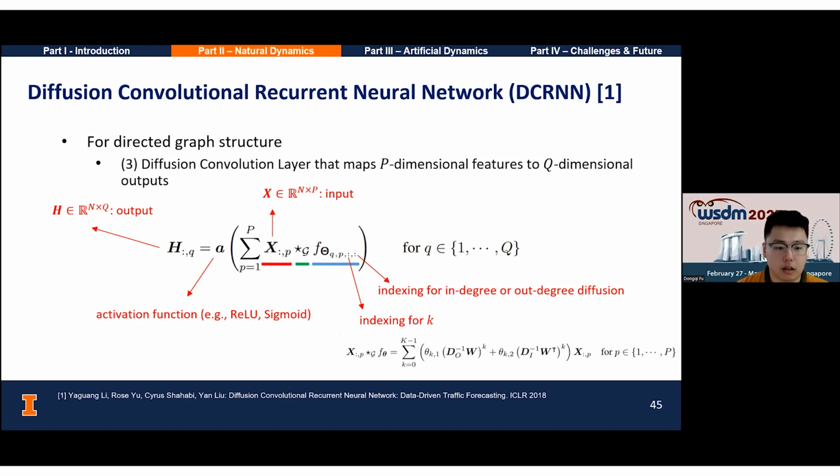The second comma is the parameter dimension for k, which is the diffusion steps, or you can understand it as the random walk steps. We also have the asterisk g, which is the diffusion convolution, and the input features X. After an activation function such as ReLU or sigmoid, we have our output H for the downstream tasks.